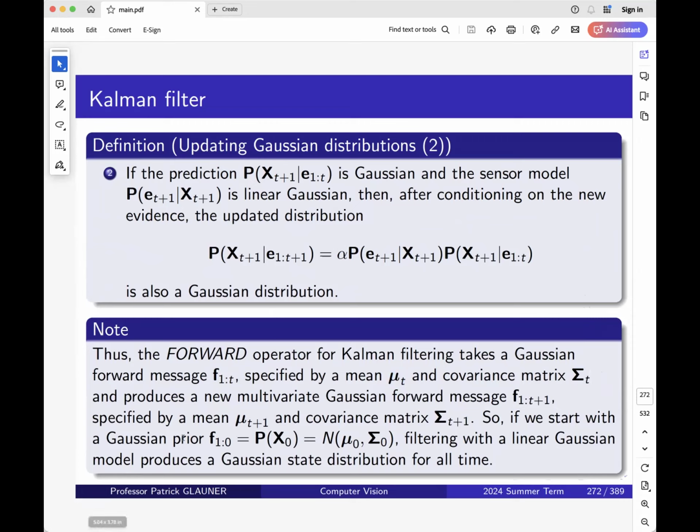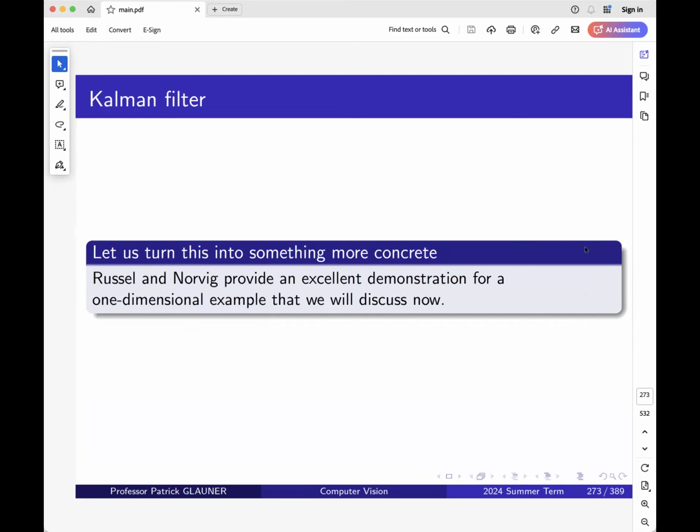And when we do that update, we have a new mean vector and a new covariance matrix. The book derives these equations in a little bit greater detail, but in order to keep this more applied and so that you're able to understand it, we're now using an excellent demonstration for a one-dimensional example that we will discuss now.